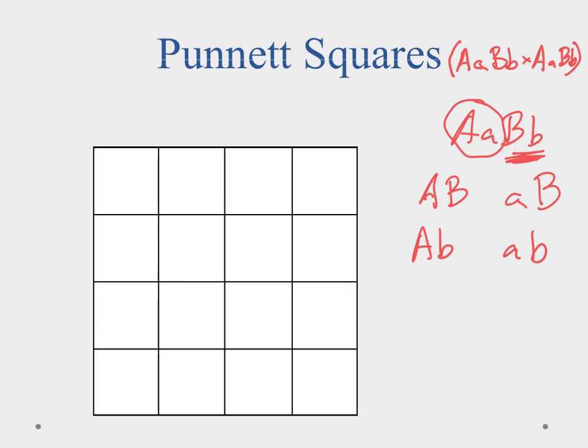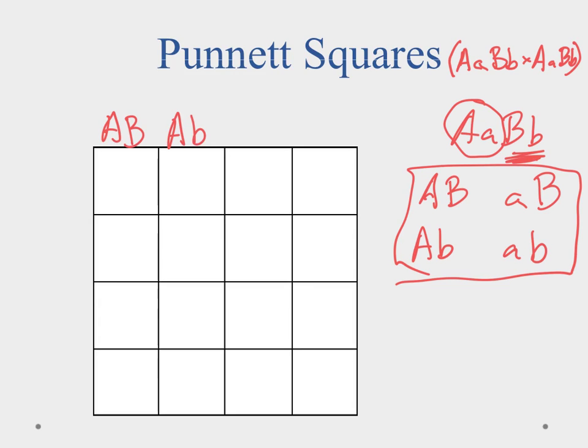So now I have my four possible genetic combinations that the gametes can have, and that's what we're going to place into our Punnett square. So I will start off with a capital A, capital B; capital A, lowercase b; lowercase a, capital B; and lowercase a, lowercase b. And we fill these in on both sides of our Punnett square.